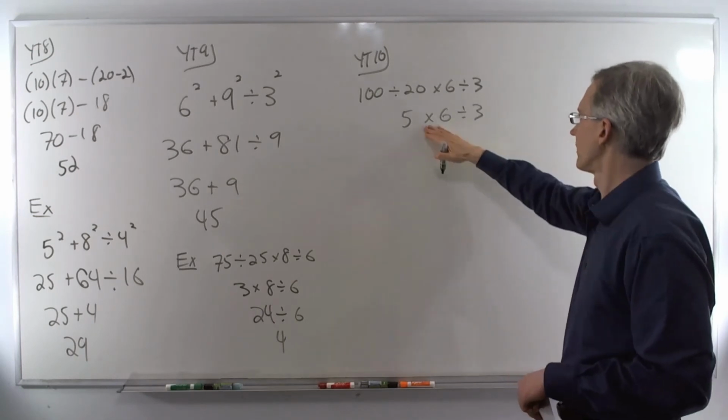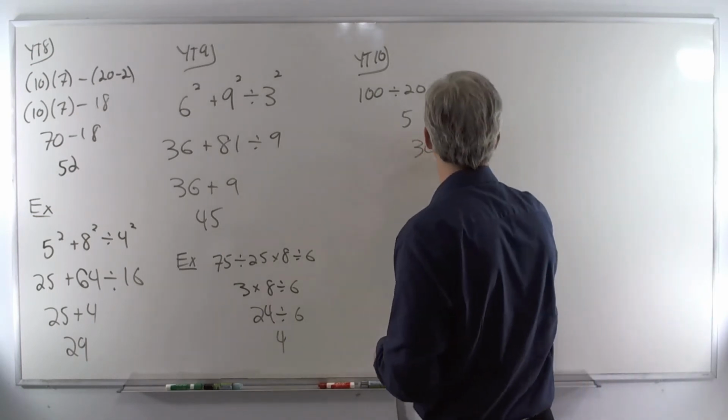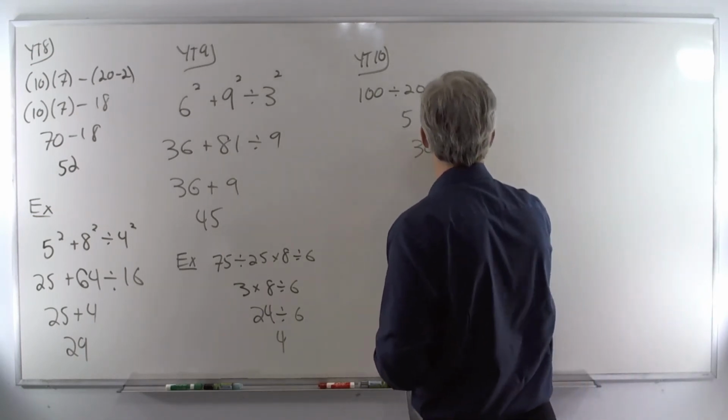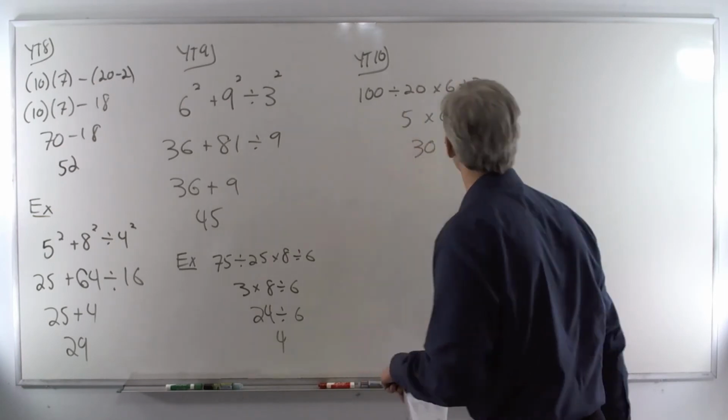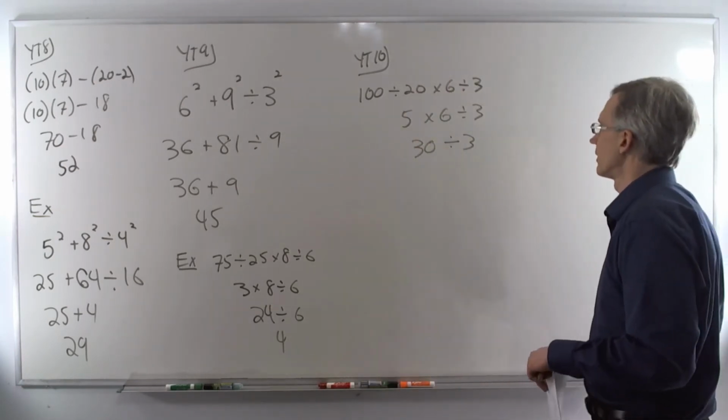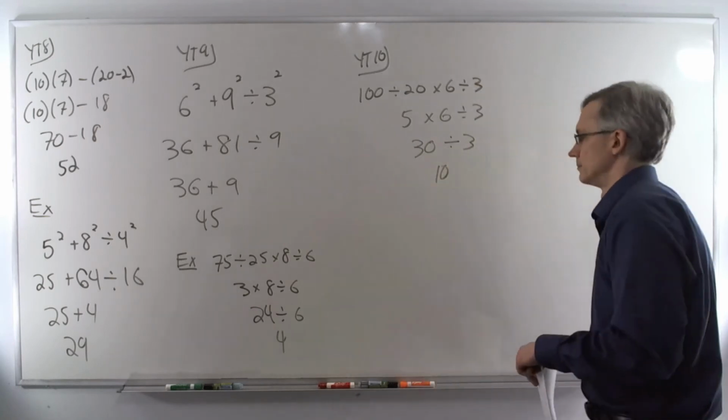And left to right again, 5 times 6, that gives us 30. And then the final division, 30 divided by 3 is 10.